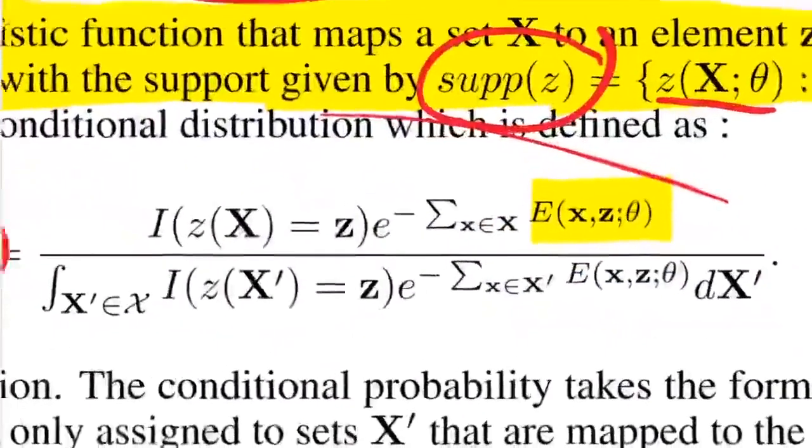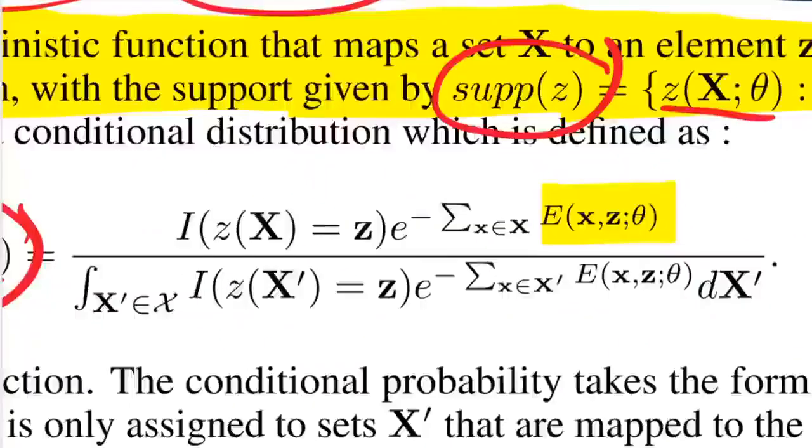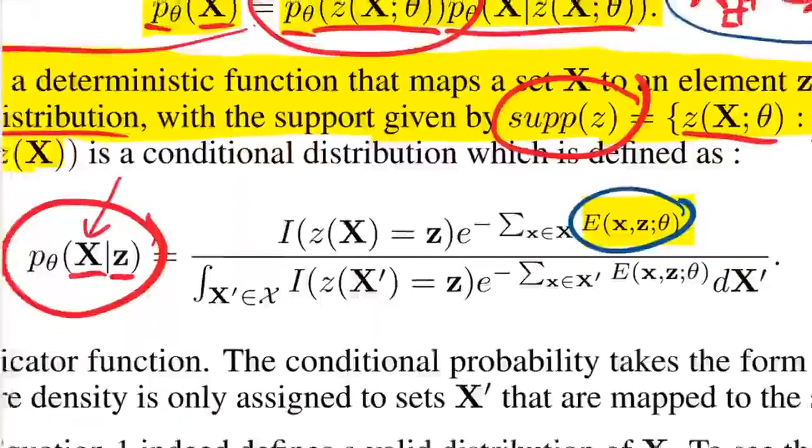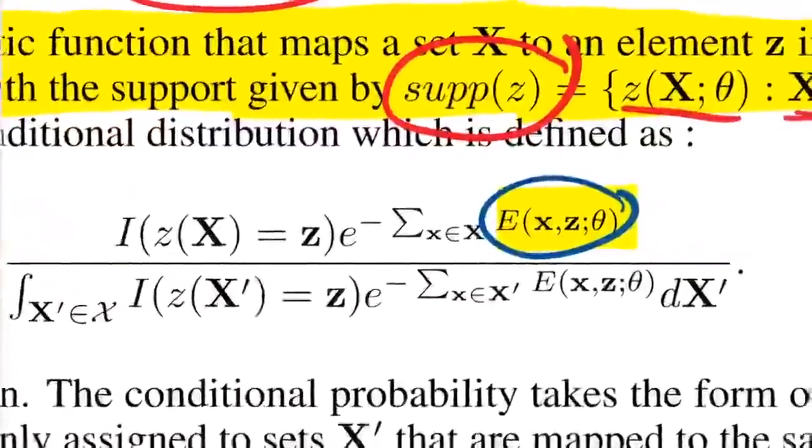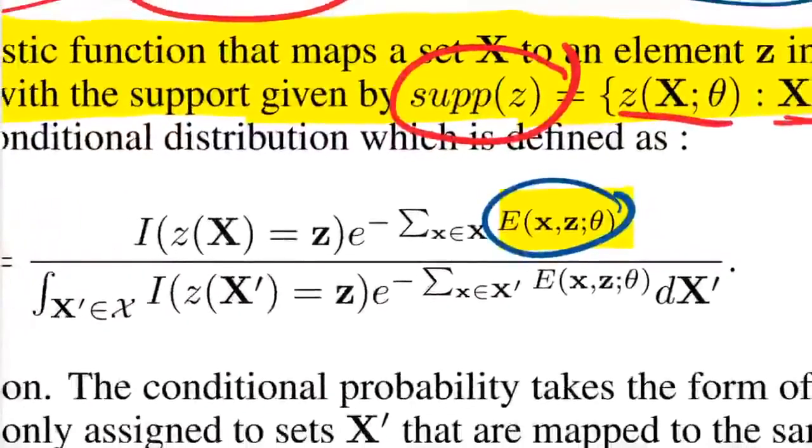So what we need to do are two things. We need to know what this energy is. What is this energy supposed to do? This energy is going to be a function that gives you a high value if you are unhappy with the input, and it gives you a low value if you are happy with the input.